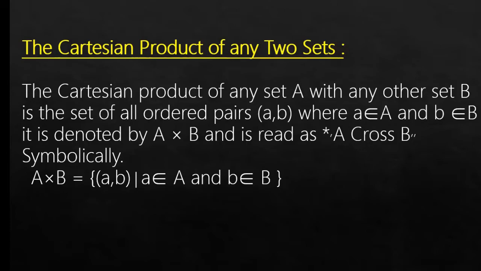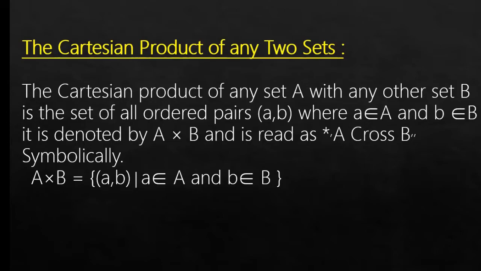But if I have multiple elements in both the sets, for example in set A I have 1 and 2 and in set B I have 2 and 3, then if I pair them up, that would become multiple ordered pairs.